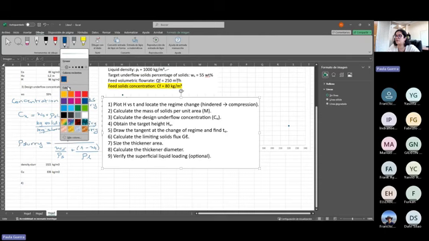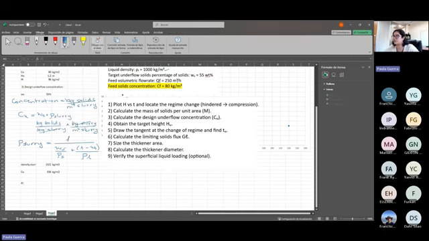We already did this one, this one, and this one. So now we have to obtain the target height. We don't need to use the graph yet. So point 4 is obtain the target heights.